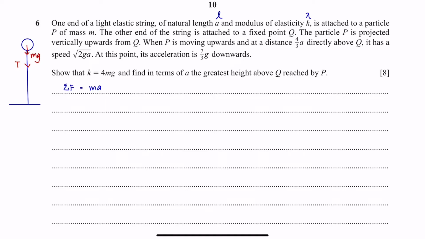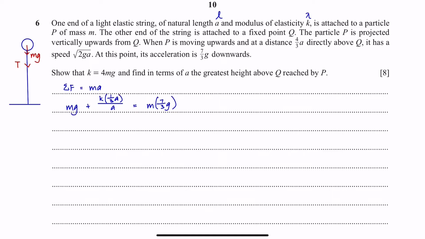So now we know that the net force downwards is mg plus tension, which is modulus of elasticity, k, times the extension, 1 over 3a over the natural length, which is a, equal to, okay, the a here is the acceleration, so it's 7 over 3g.